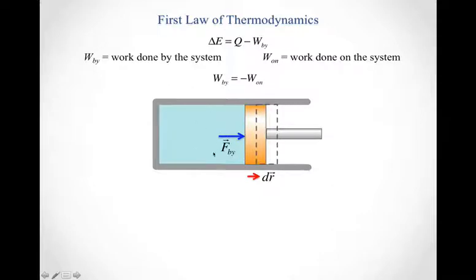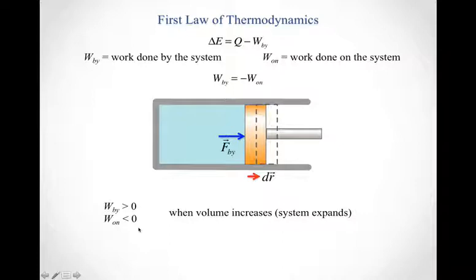If my system expands, the piston head moves from the location where it's pictured to this second space represented by the dotted lines. The volume of my system is increased, so my system has expanded, and the force and displacement point in the same direction, so the work done by the system in that case has to be positive. The work done on the system would be negative.